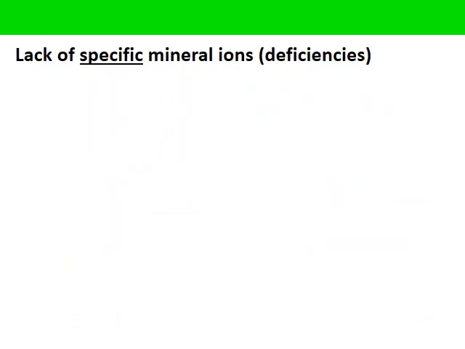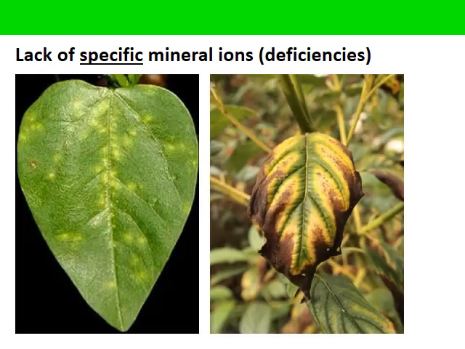Now, what would happen to a plant if there was a lack of certain mineral ions, or deficiencies in these mineral ions? We know that magnesium is normally absorbed through the root hair cells before it passes, dissolved in water, across the cortex of the root into the xylem. Normally what we see if it's lacking is chlorosis, which you can see in this leaf on the right-hand side.